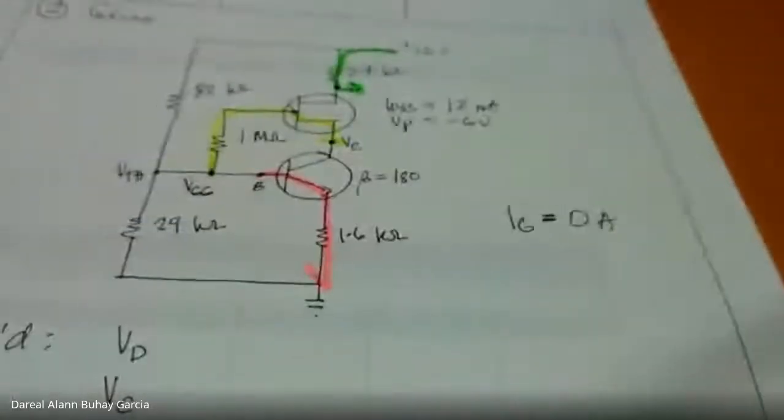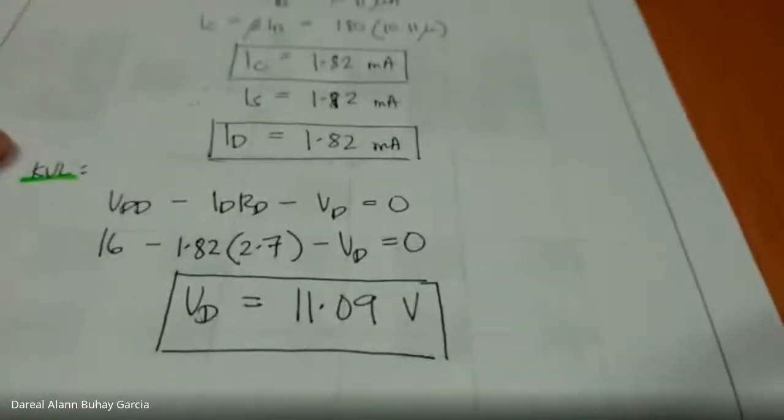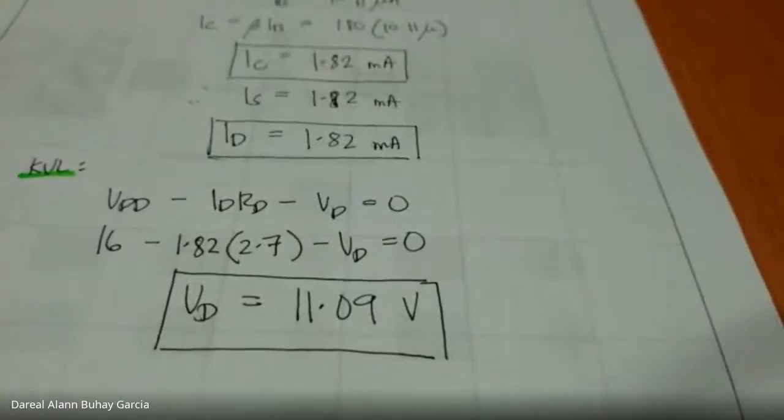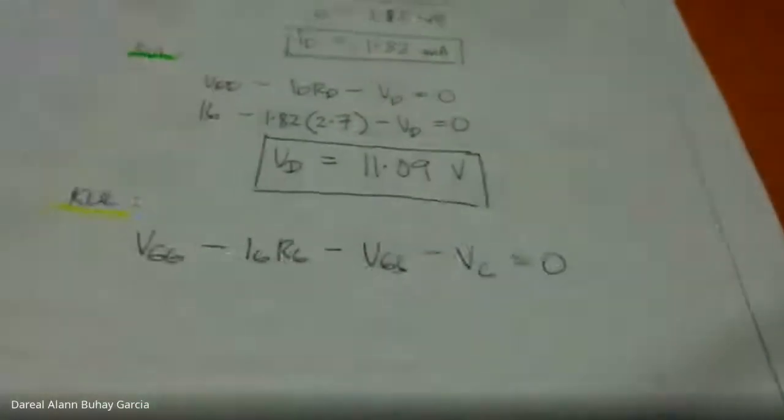Kung ang KVL ta dito, VGG minus IGRG minus VGS minus VC equal to 0.